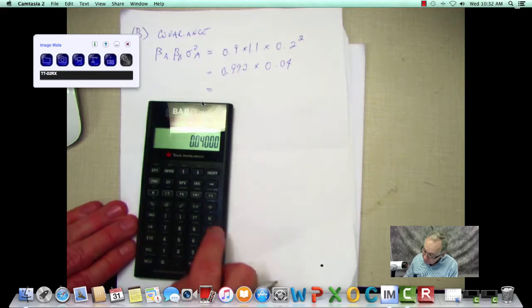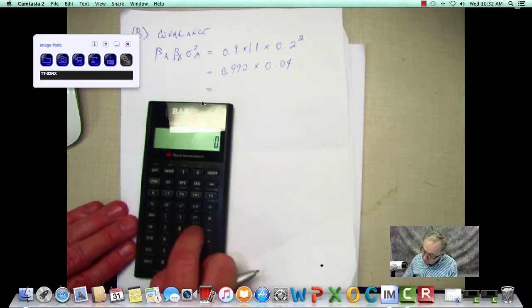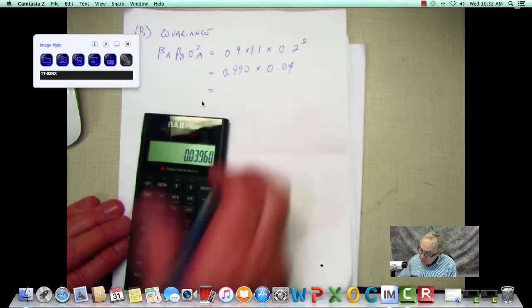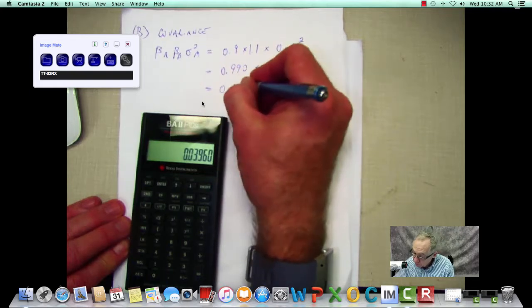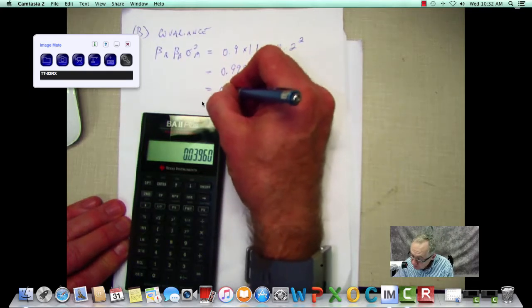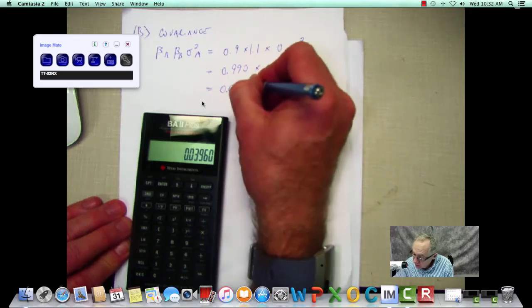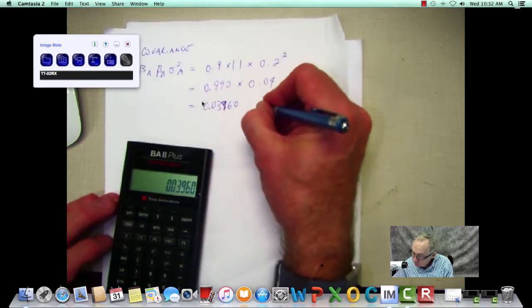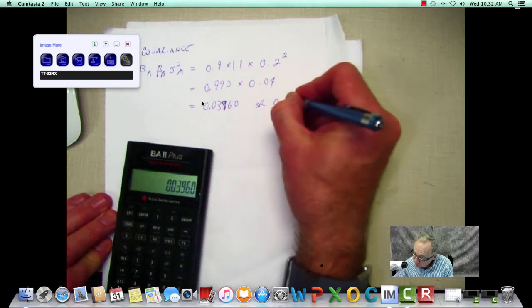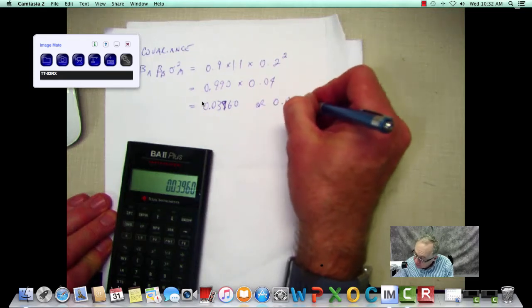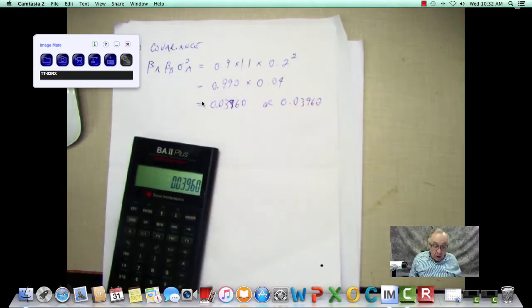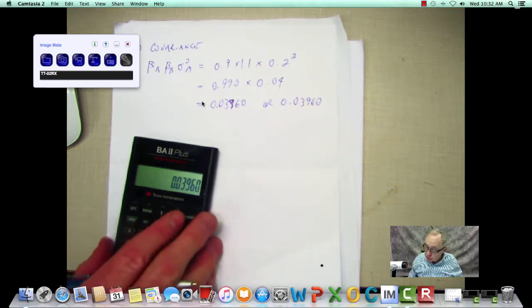So our covariance is 0.0396, the covariance between the two stocks.